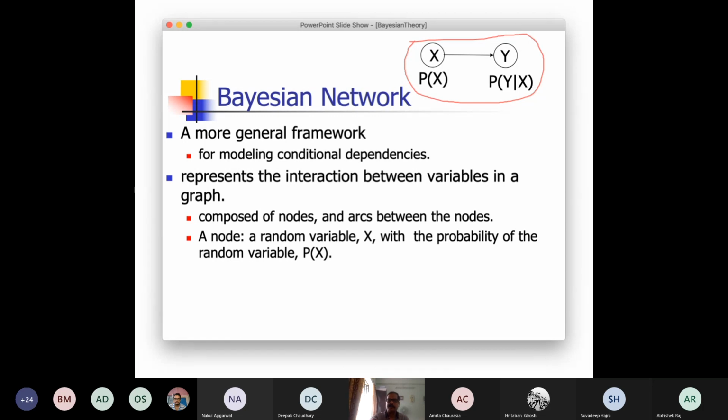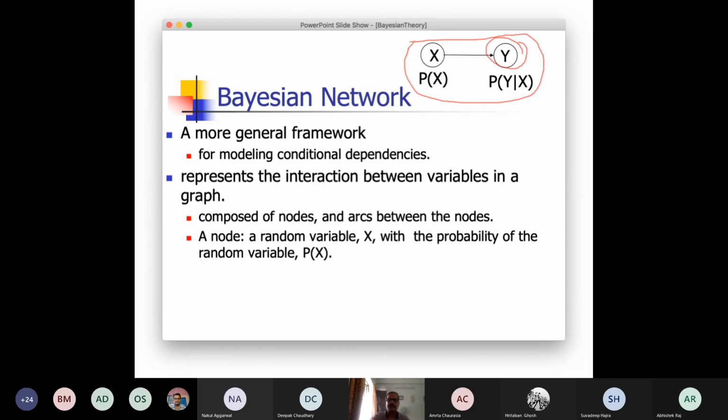If you have multiple such input edges from different source random variables, all of them act together to reflect the conditional dependencies on the random variable represented by the node. We'll see this later in our subsequent slides.